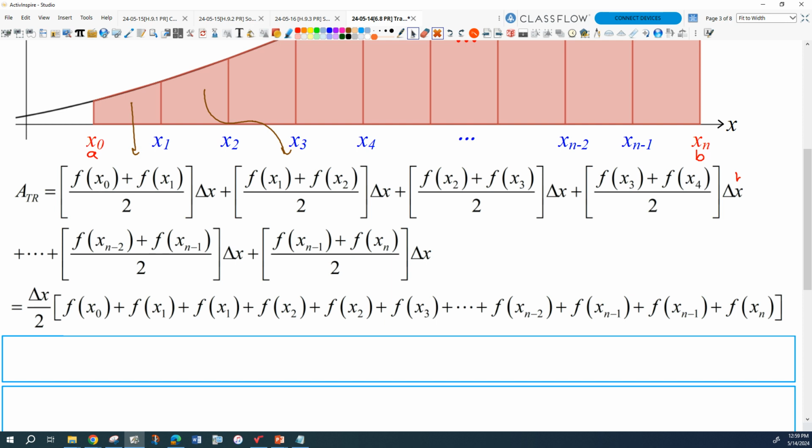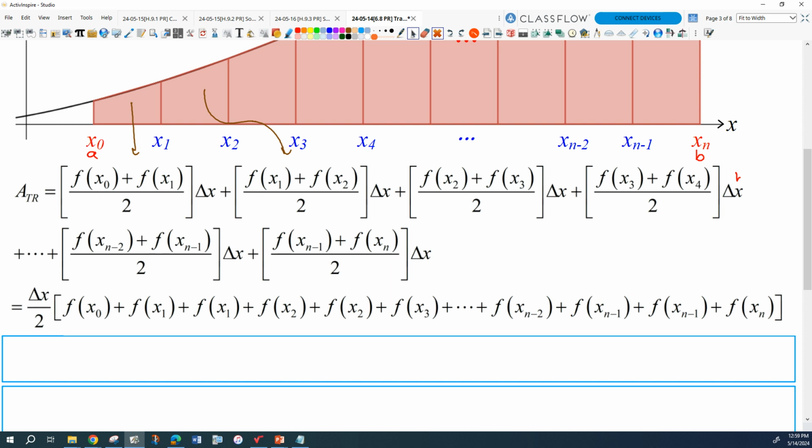Okay, what do you notice about that sum? Do you see any patterns in there? Everything except the first and the last terms is doubled, aren't they? They all show up twice. Everybody get that?